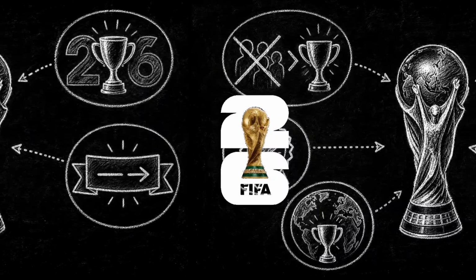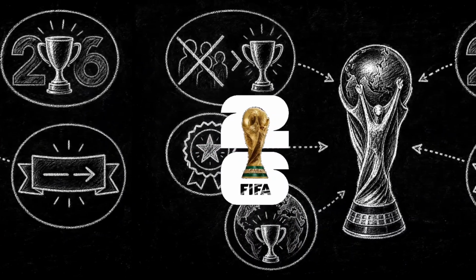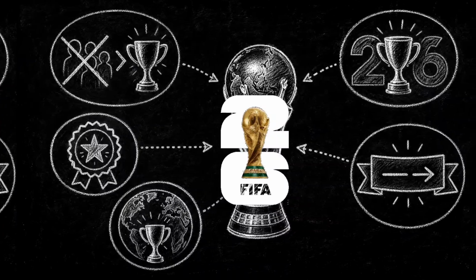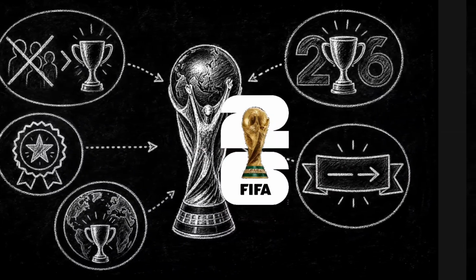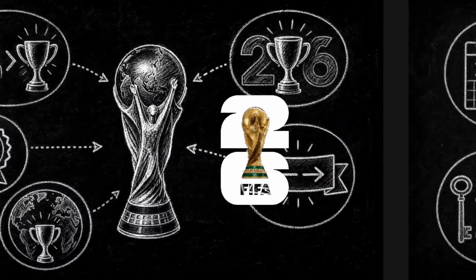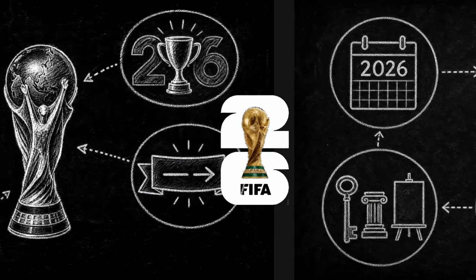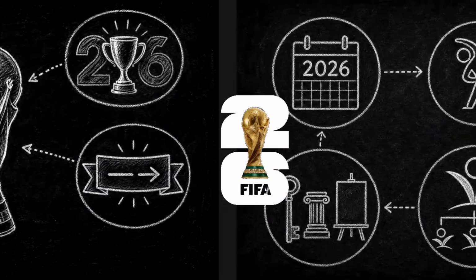Most people see a year, 2026, nothing more, but FIFA saw something different: flexibility. The logo was intentionally designed as a framework rather than a finished artwork. FIFA planned from the beginning to create different versions for every host nation, and that's where the secret begins.